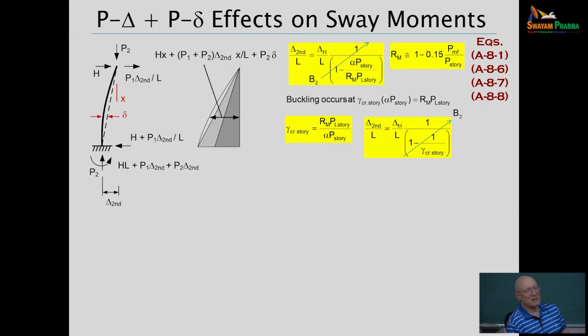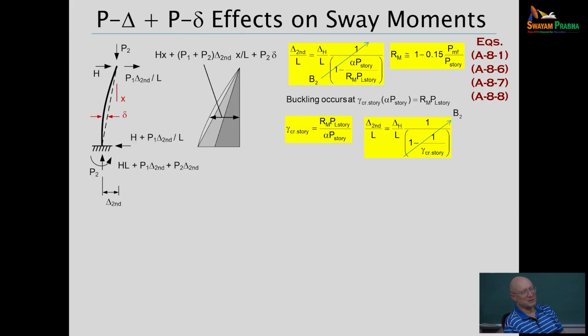Or in the best case scenario, if we go back to the first example where all the load was on the leading column, Rm would be 1 in that case because there's no load on the moment frame column. And so in that case, you end up with 1 minus P story over Rm PL story. Okay? So my question is, if I include the small delta effects, will it say that my frame will buckle at a smaller load?